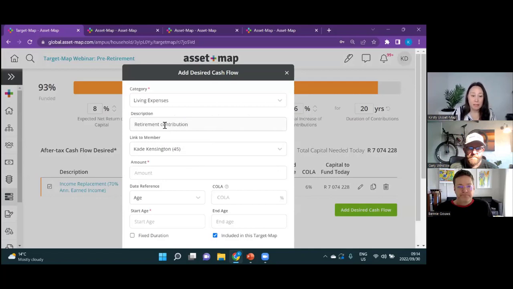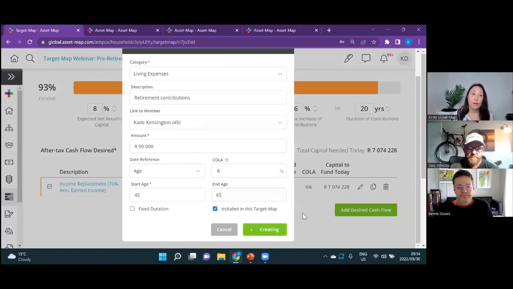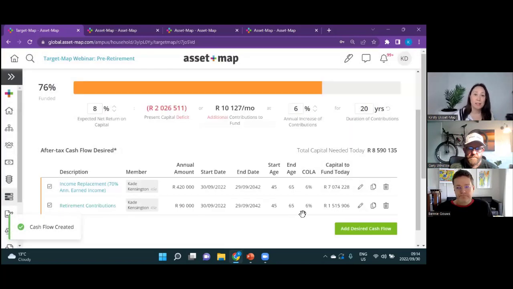And that amount is 90,000 a year, increasing by inflation from now till 65. That way we know that in disability, we're protected for his income as well as his contributions to retirement, and that the retirement plan will not be impacted. So it's just a key thing to think about whenever you're looking at disability.